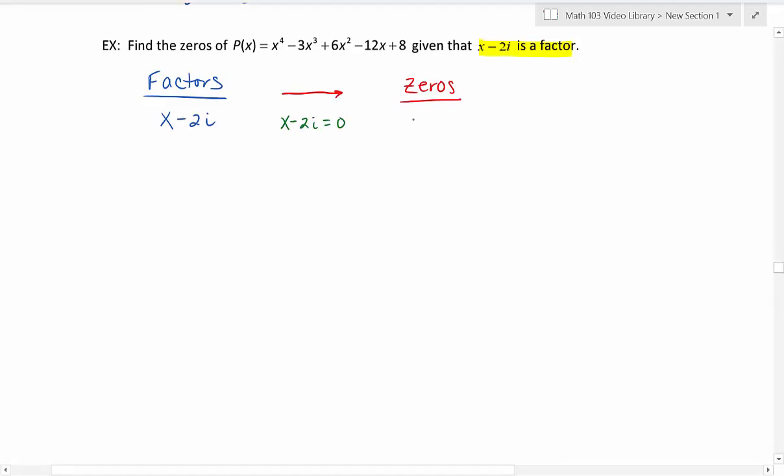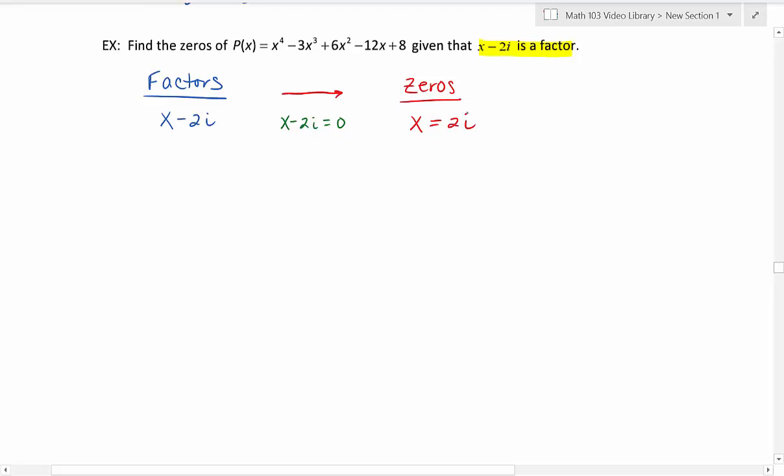So the factor x minus 2i gives us the 0 x equals 2i. Our imaginary zeros theorem says that every imaginary zero is going to have a partner with it, its complex conjugate.